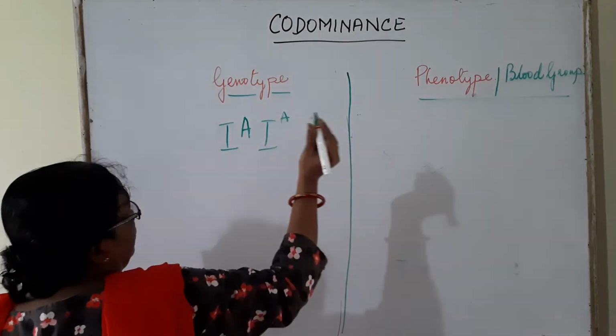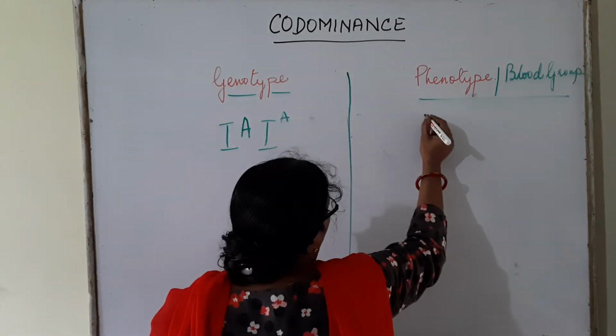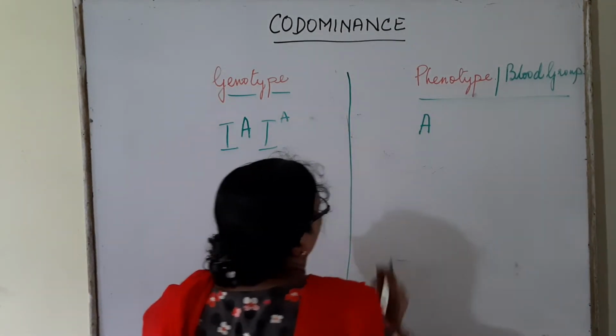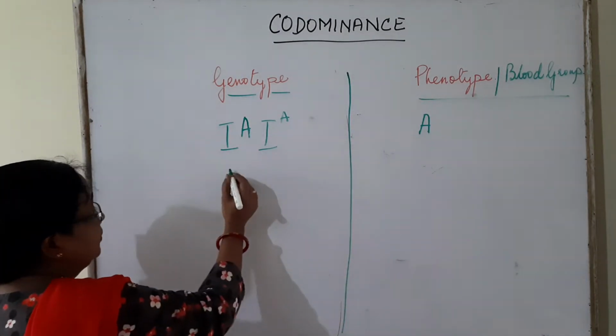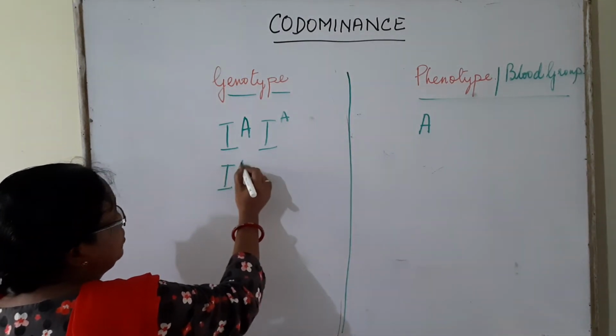IA and IA belongs to blood group A. Both are dominant.